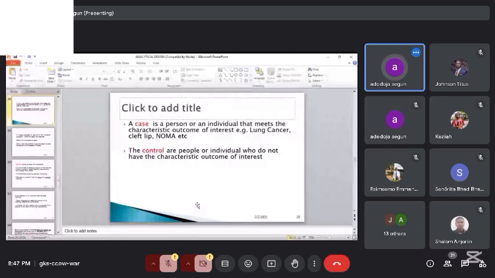It's one of the rare diseases in oral health. So people that have developed it already, we try to get the controls and ask them questions about their exposure, then the outcome of interest.